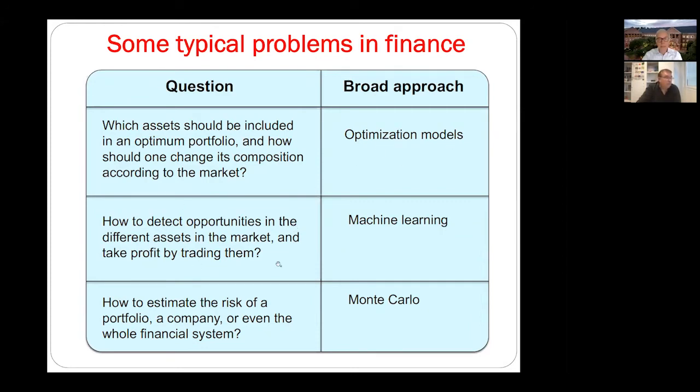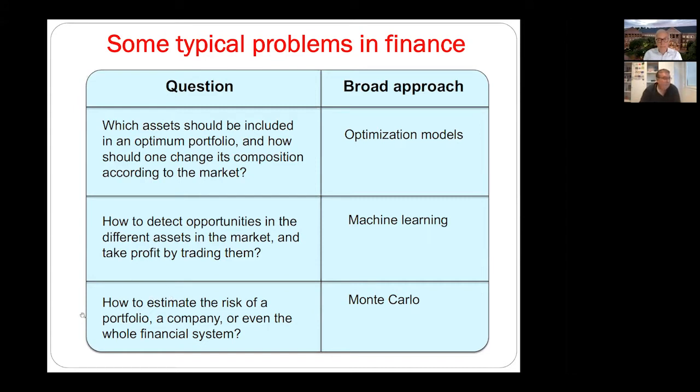Now, another type of question that we may have in finance is how do we detect opportunities in the market? Can we predict what the market is going to do, and how can we take profit by trading these opportunities? Now, typical approach that people are doing nowadays is machine learning. There are others, okay, but machine learning in finance is getting quite popular.